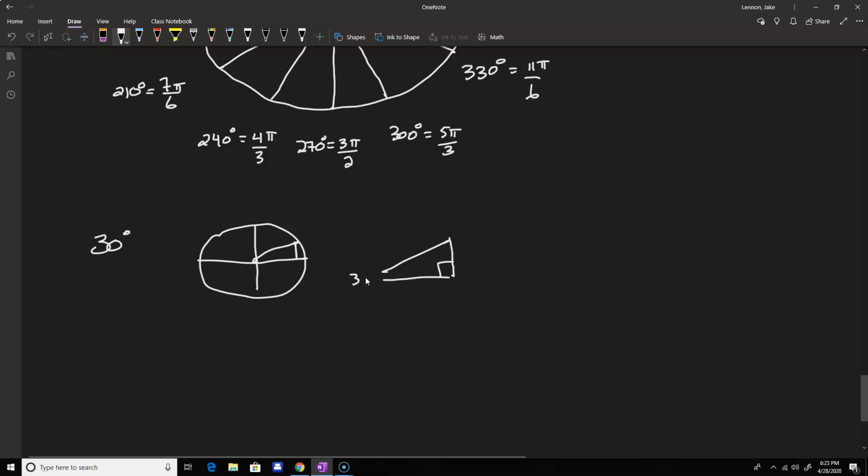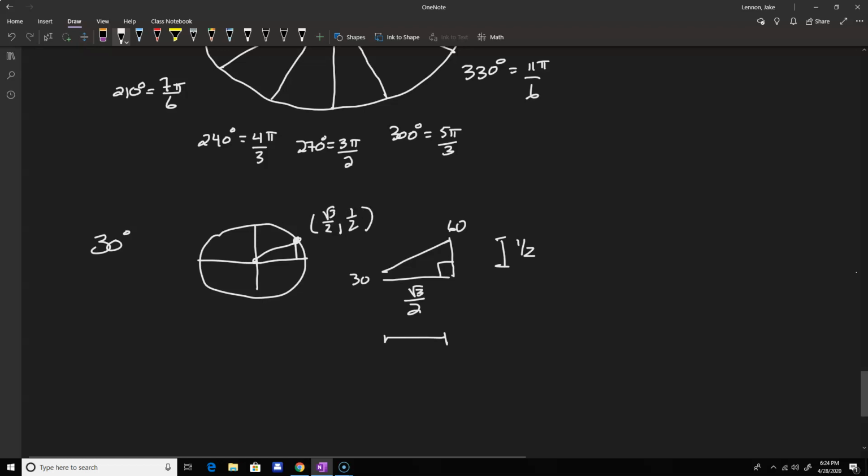Well, the 30 degree angle is here, and the 60 degree angle is up here. So that makes our x-coordinate the longer of the two coordinates, which is going to be the square root of 3 over 2, whereas the y-coordinate, the vertical side, is going to be shorter, which is 1/2. So the coordinates of this point at the 30 degree angle are going to be square root of 3 over 2, comma 1/2.